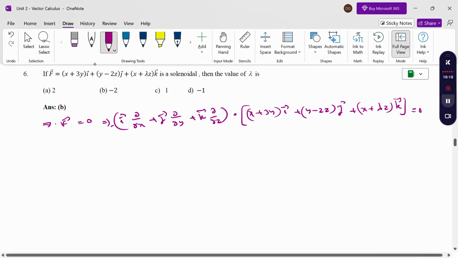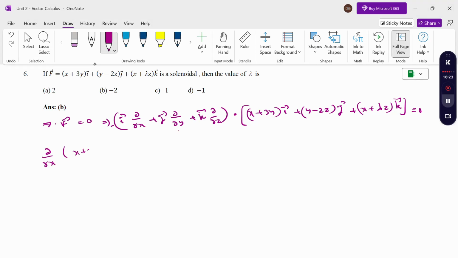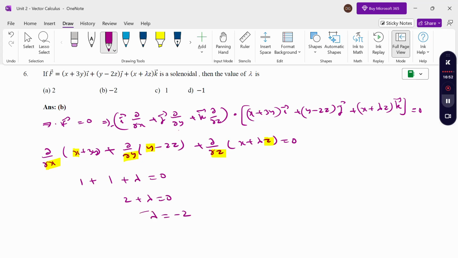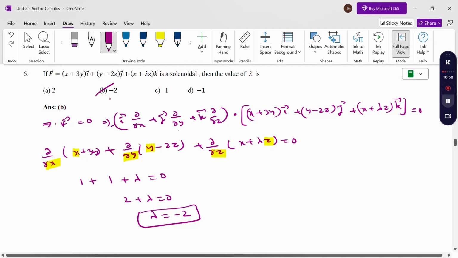So i dot i is 1, j dot j is 1, k dot k is 1, other values 0. Therefore ∂/∂x of (x + 3y) plus ∂/∂y of (y − 2z) plus ∂/∂z of (x + λz) equals 0. Now when I differentiate, the first term gives 1, the other term 0, then λ, so 2 plus λ equals 0, λ equals minus 2. So the lambda value is minus 2, the option is B, minus 2.